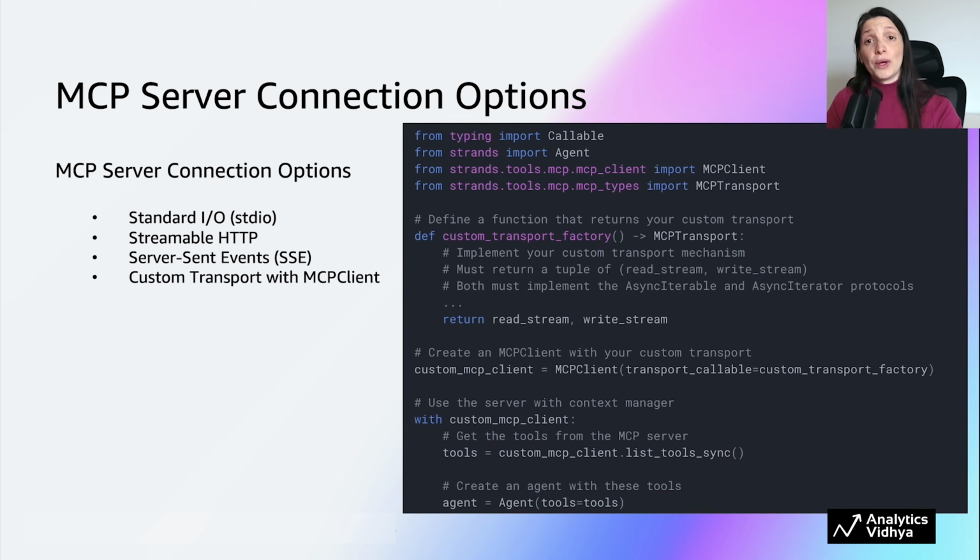And finally, we have custom transport with the MCP client. This is for advanced use cases where you can implement a custom transport mechanism by using the underlying MCP client class directly. And of course, you can connect to multiple MCP servers simultaneously and combine their tools. Now, let's switch to the notebook.